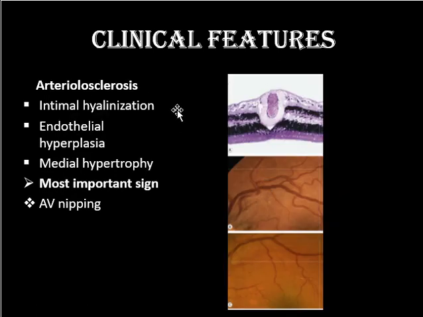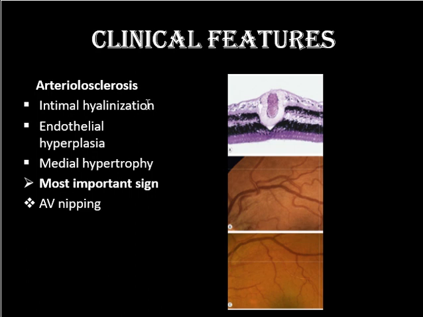The second important thing, or rather the first important thing, is arteriosclerosis. So keep in mind all the changes which we see in hypertensive retinopathy are associated with arteriosclerosis and increased capillary leakage or increased vascular permeability. What are the histological features of arteriosclerosis?